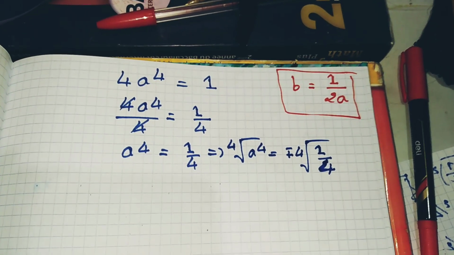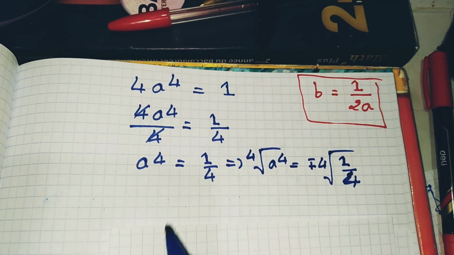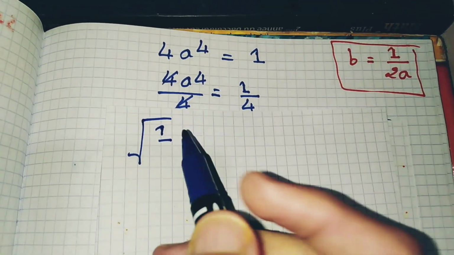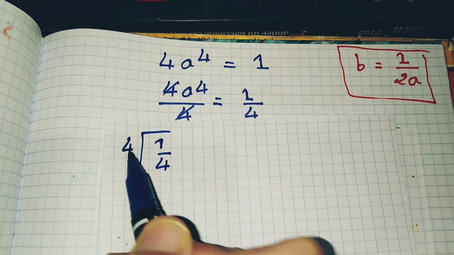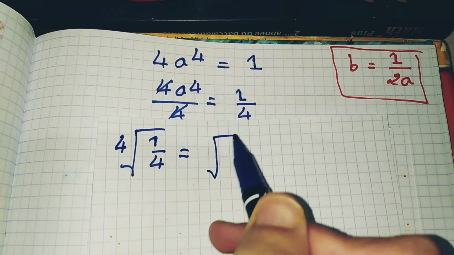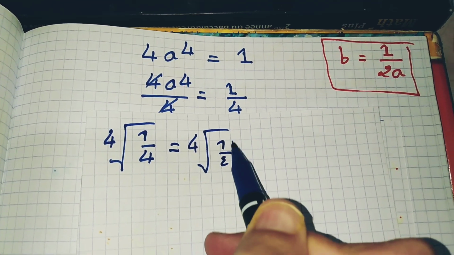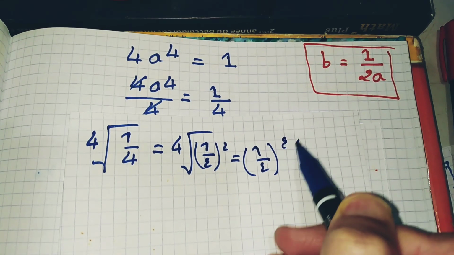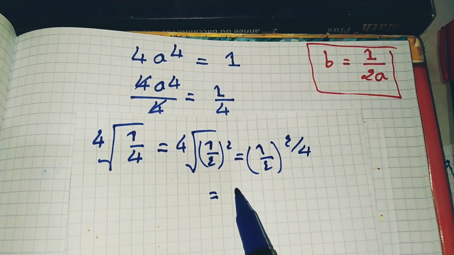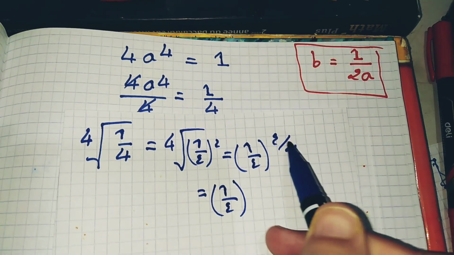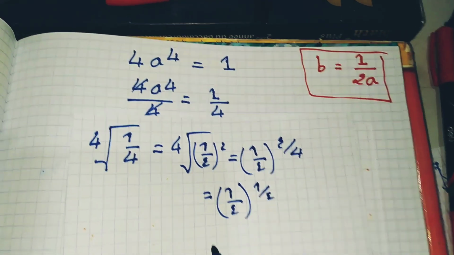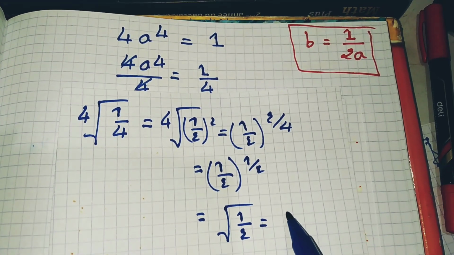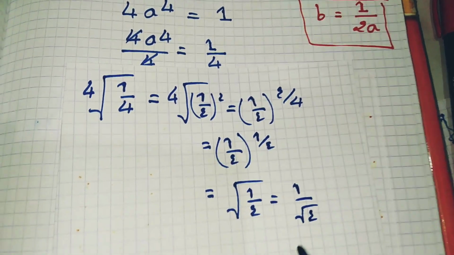What is the value of the fourth root of 1 over 4? The fourth root of 1 over 4 is equal to the fourth root of (1 over 2) squared, which is equal to the square root of 1 over 2, which is equal to 1 over square root 2.